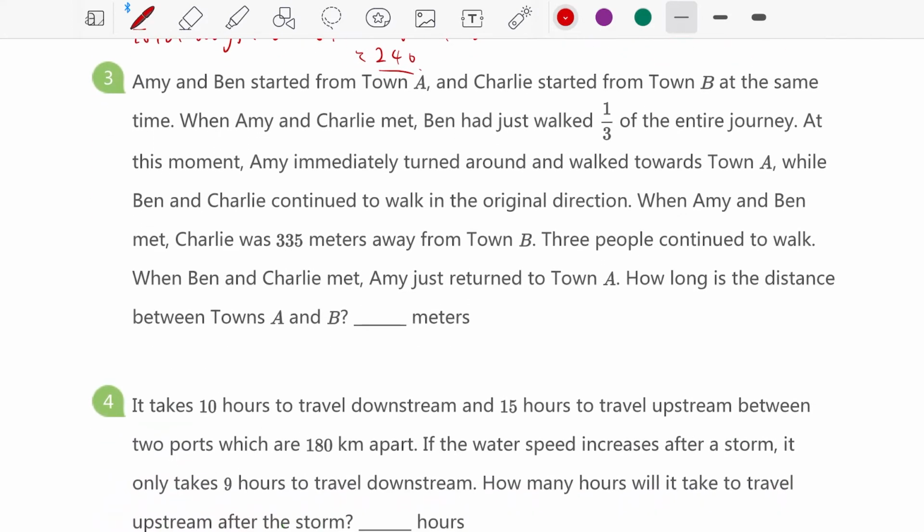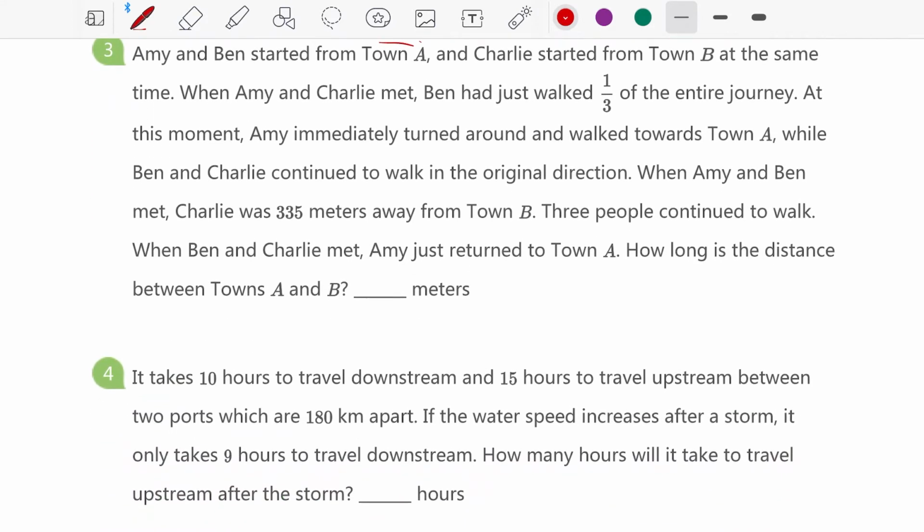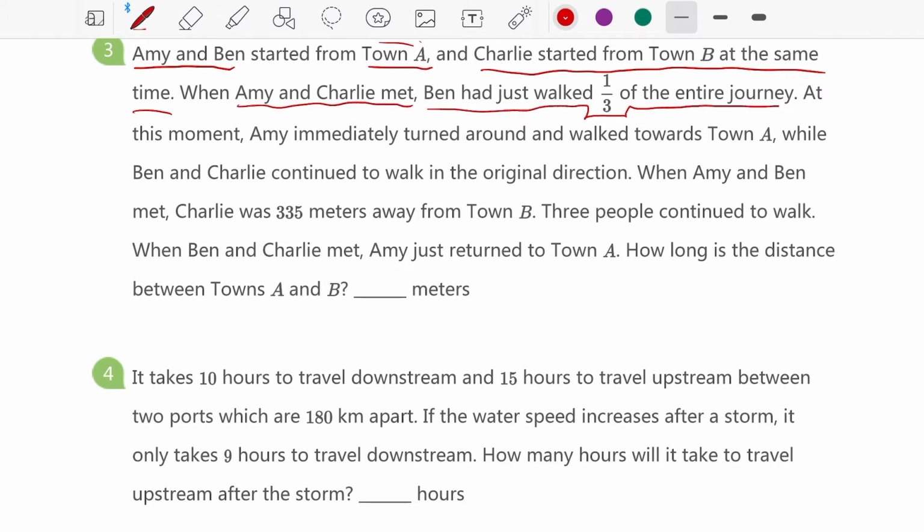Now let's move on to question 3. Amy and Ben started from town A, and Charlie started from town B at the same time. When Amy and Charlie met, Ben had just walked 1/3 of the entire journey. At this moment, Amy immediately turned around and walked towards town A, while Ben and Charlie continued to walk in the same direction.